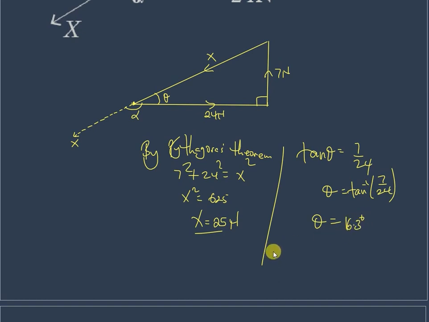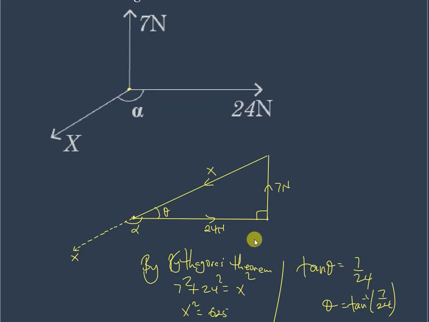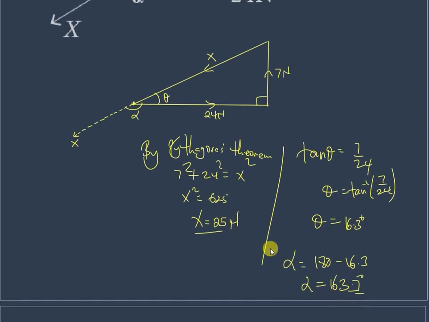But remember, I want to get alpha, and there is no way you can get alpha without getting theta. So we got theta first, and now alpha is equal to 180 minus 16.3, so alpha is equal to 163.7 degrees.